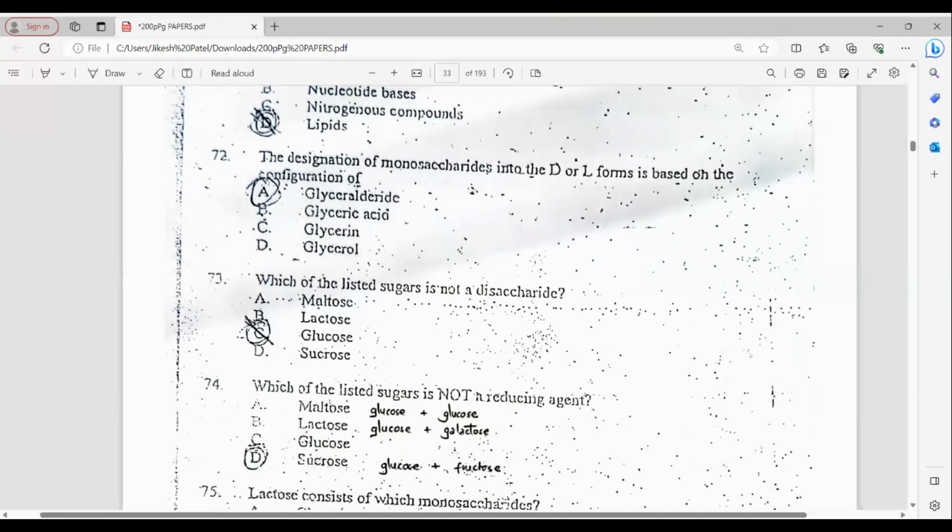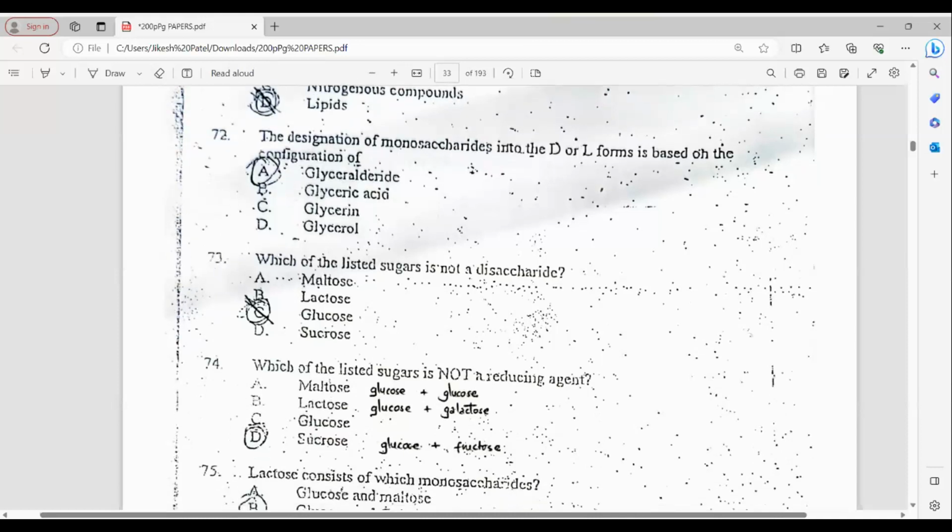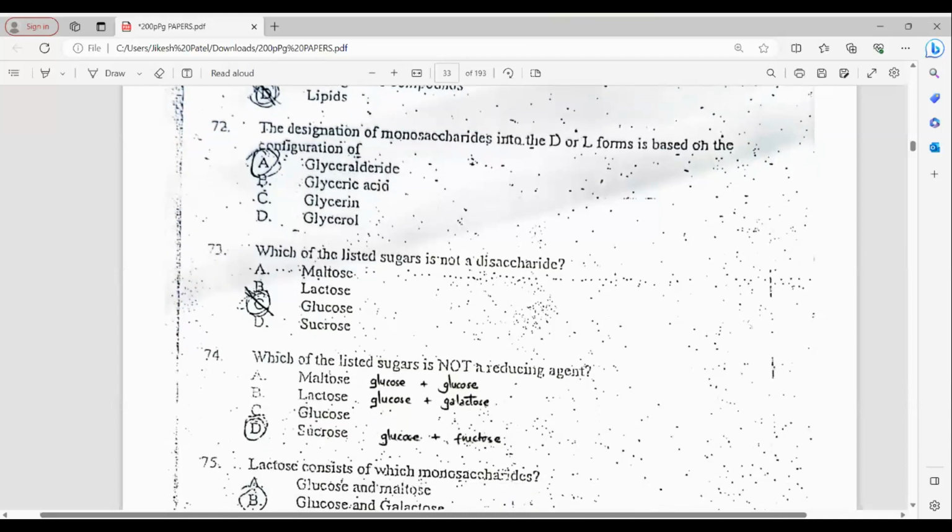Not a disaccharide, glucose. Which one is not a reducing agent? Which one of the listed sugars is not? We did this in high school.